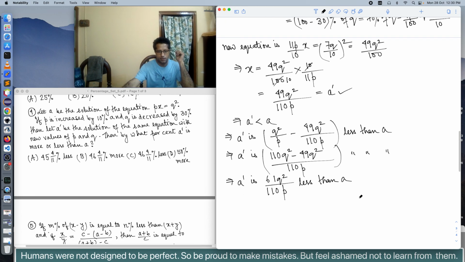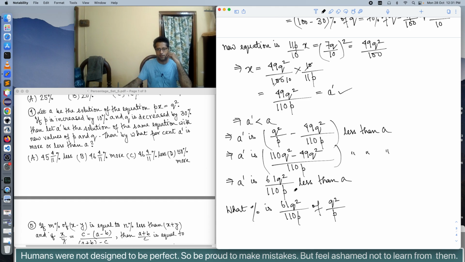Now we have to find by what percent A dash is more or less than A. We have found that A dash is less than A, by 61 q square by 110 p. Now we have to find what percent 61 q square by 110 p is of q square by p, because the value of A is q square by p.